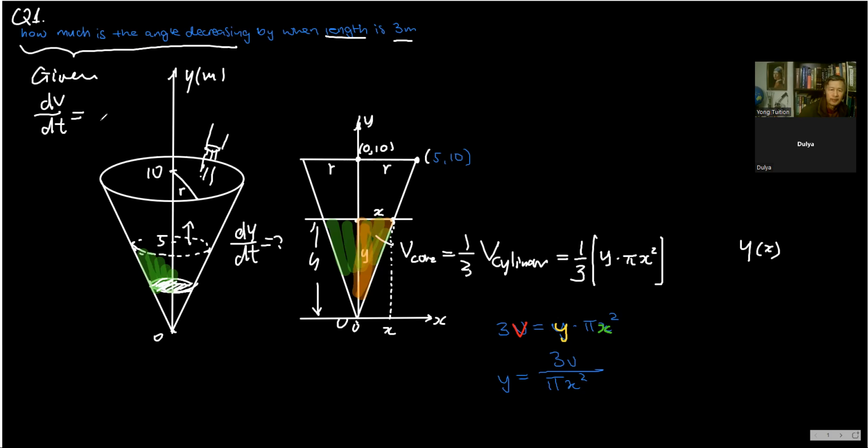Do you remember? 2 meters cubed per second. Yes, it's 2, right? So this is given, and they ask you to find dy/dt. That is the question.